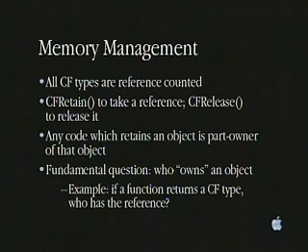The function CFRelease is used to give up your part ownership in an object. CoreFoundation's objects automatically destroy themselves when their reference count drops to 0. You don't need to do that. But you do need to get rid of any references that you do have, and I'll be talking about that.